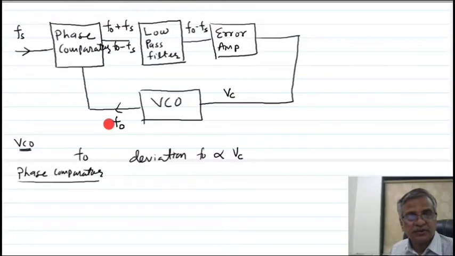Hence the frequency FO changes, because you know that frequency FO depends upon the voltage VC.